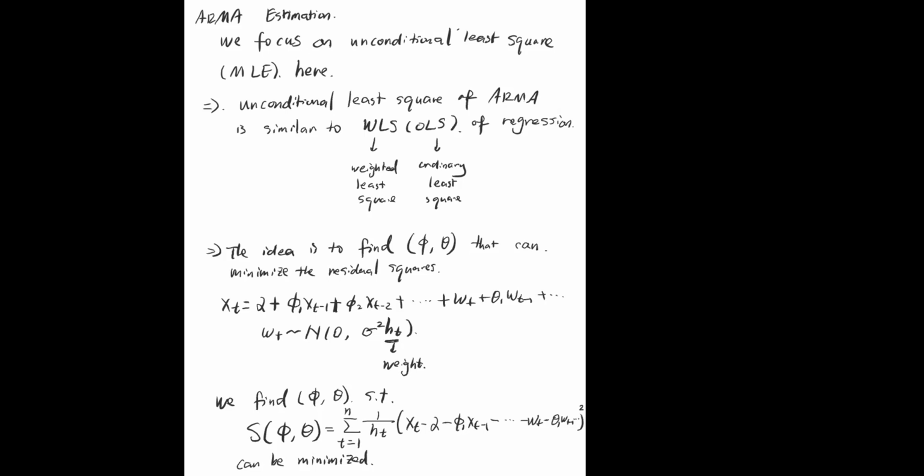In most cases, we can find a closed form solution for phi and theta. The idea is pretty simple, but finding theta and phi might be a little bit complicated by hand. Luckily, computer software can help us do all these things.